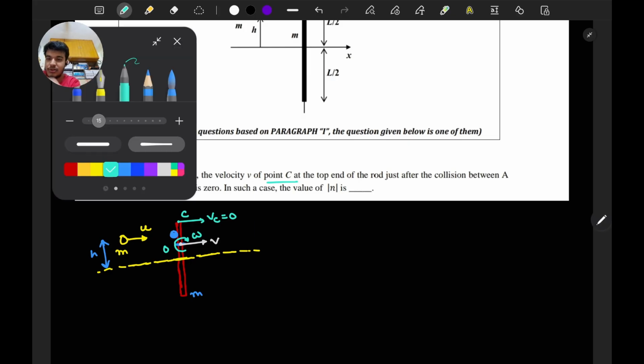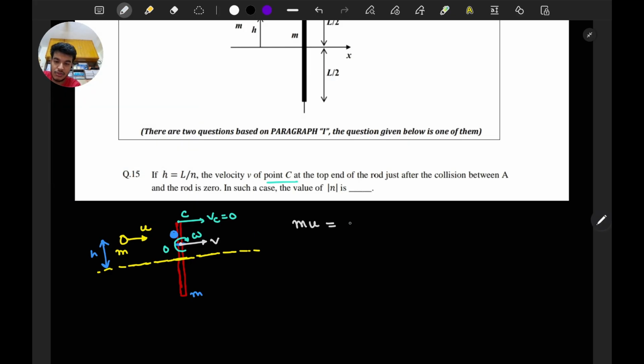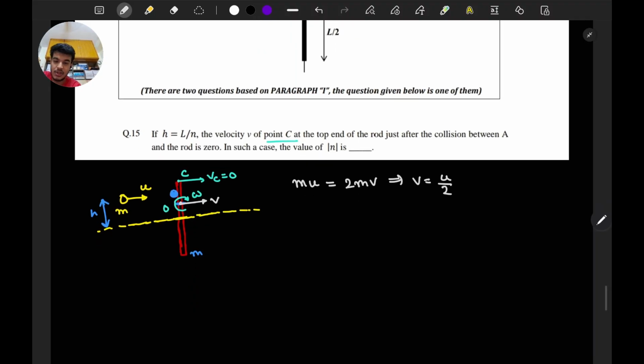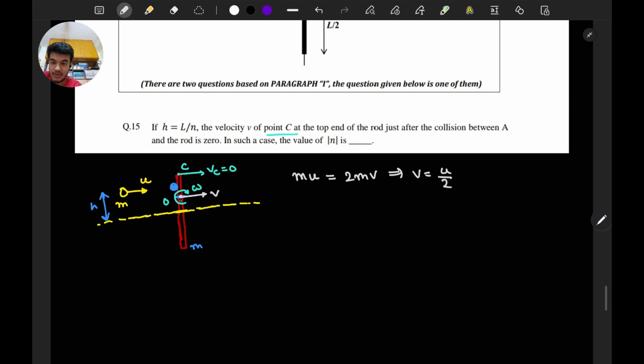So we can write two equations. By momentum conservation, we can write mu equal to 2mv, and v from here would be u by 2. Now about point O, you can see for this entire system, are there any external torque?